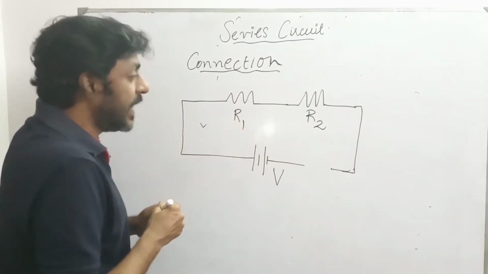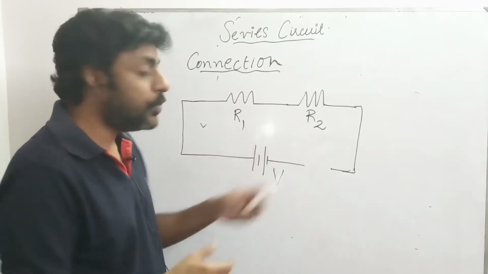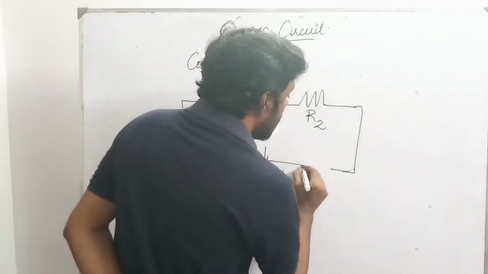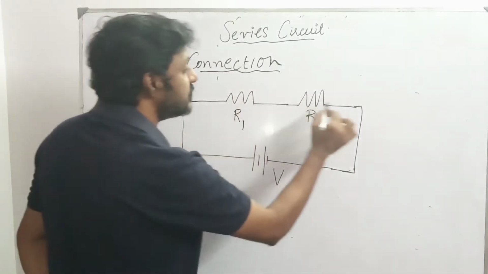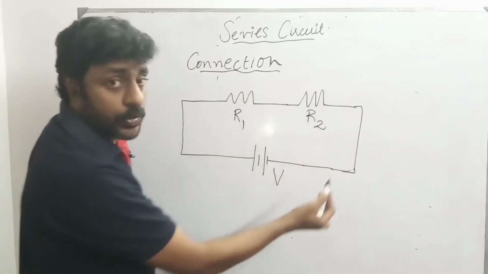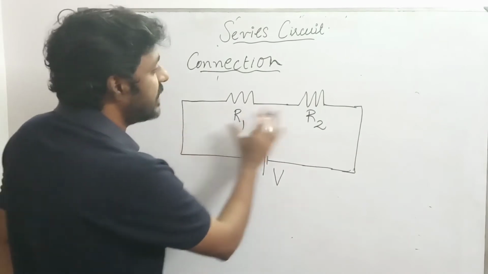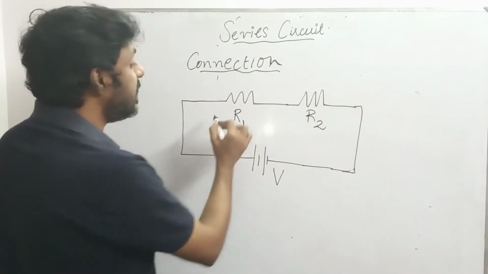In order to establish the flow of current inside this loop, you need to have a closed loop so that the current flows through the entire circuit. So this is called a series circuit. Why am I terming it a series circuit?